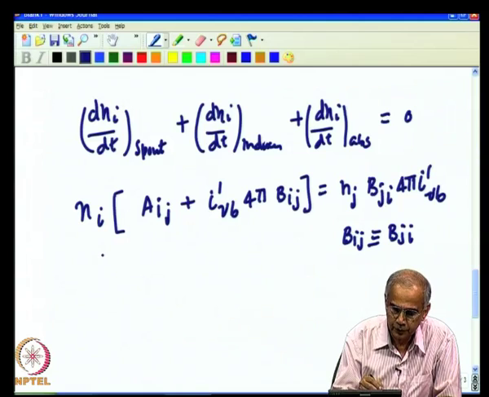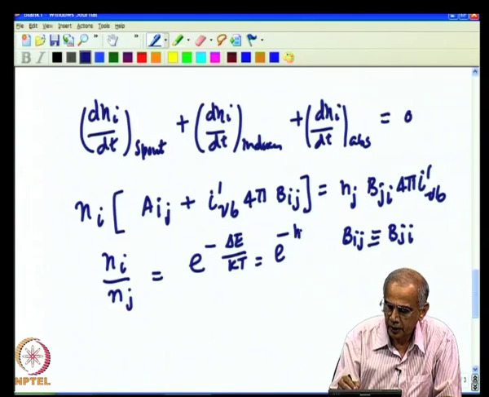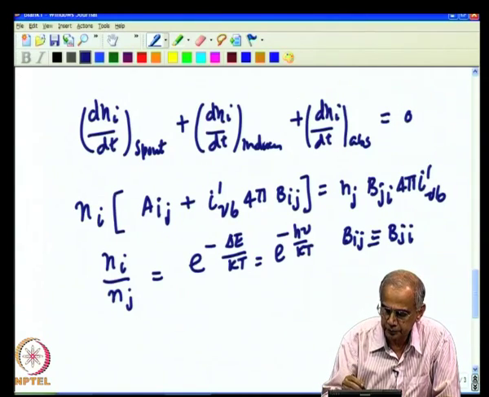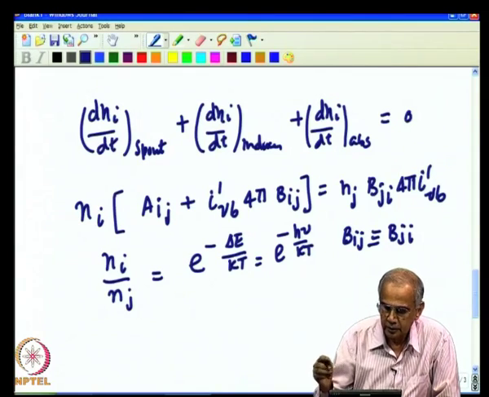And then we assume that the number of molecules at the upper level to that in the lower level has to go as e to the power of minus delta E by kT, which is equal to e to the power of minus h nu by kT. So, we are assuming that the molecules have a distribution following the well known distribution that comes from statistical mechanics, that the distribution of molecules has to decrease exponentially with height.